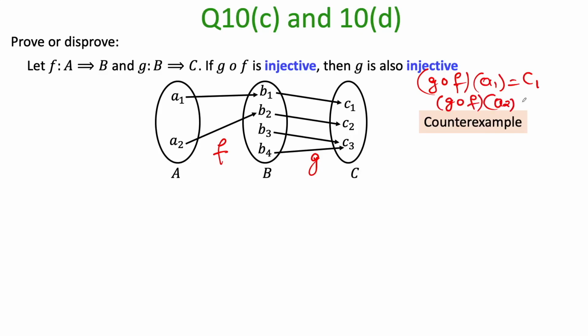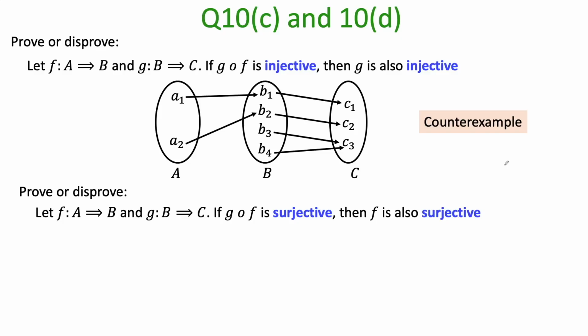So clearly my premise is satisfied here. The g o f function is injective. But what about the g function? It is not injective. You have g of B3 and g of B4 both mapping to C3. So the g function is not injective. So this statement is not necessarily true.